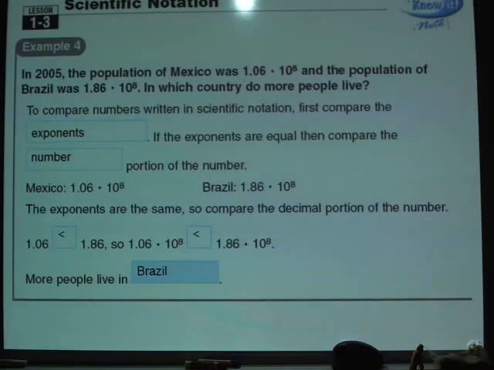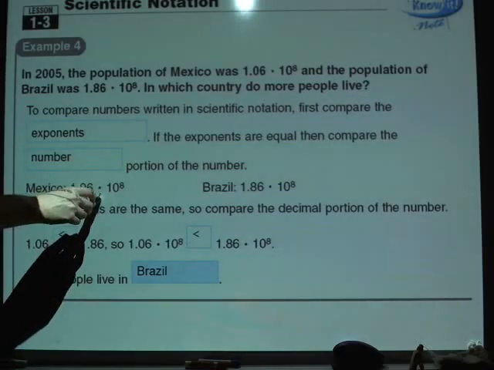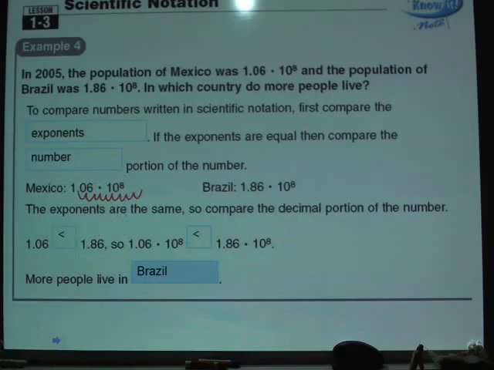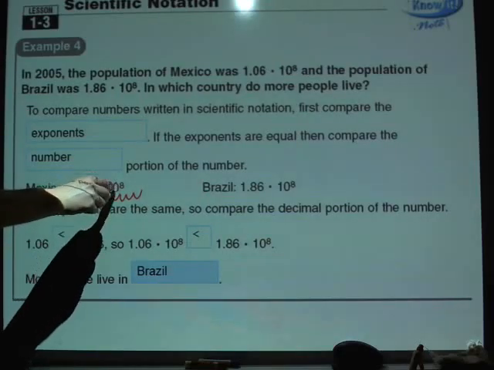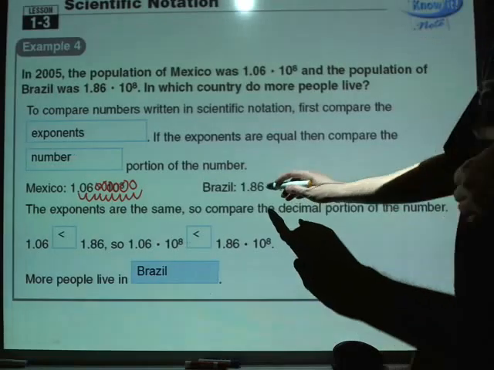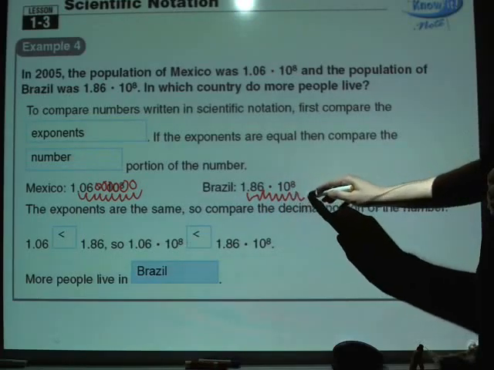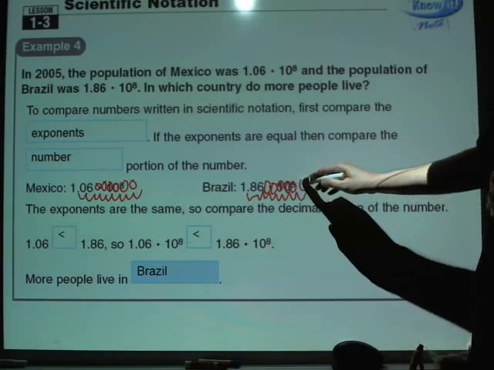If you want to vet this out, you can change these into regular numbers. Remember, since the exponent is 8, that means you're going to move the decimal 8 times to the right. In this case, it's going to generate 6 empty jumps. Same thing with the Brazil number, 8 times to the right. Again, filling in the empty jumps with zeros.